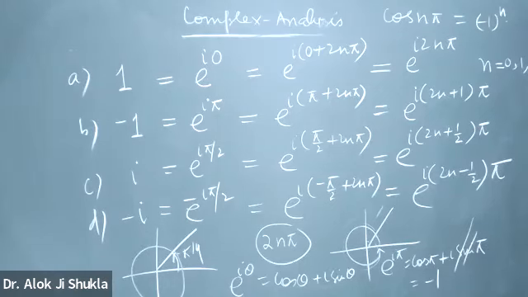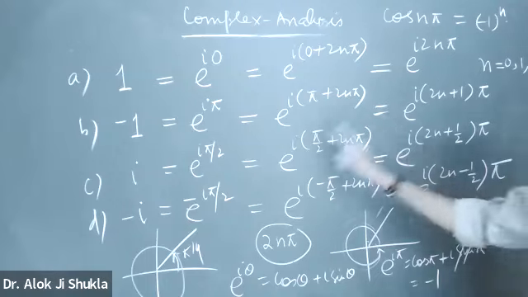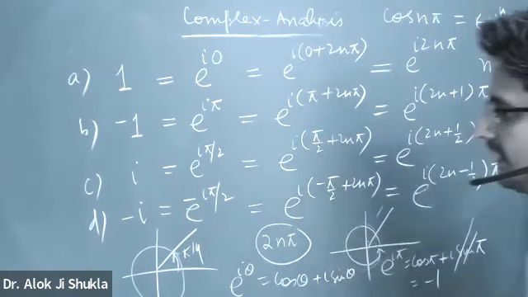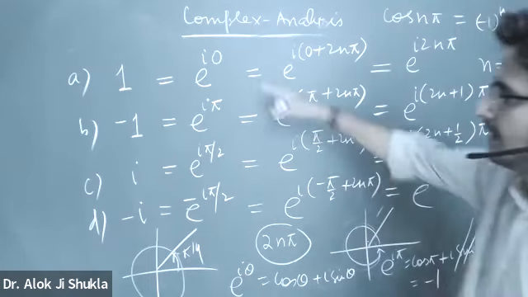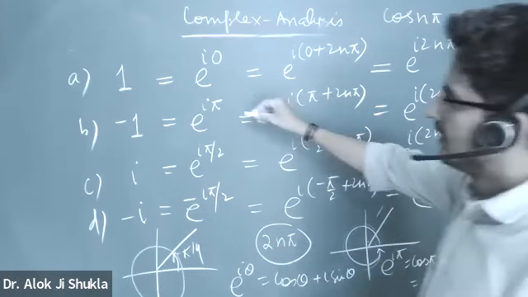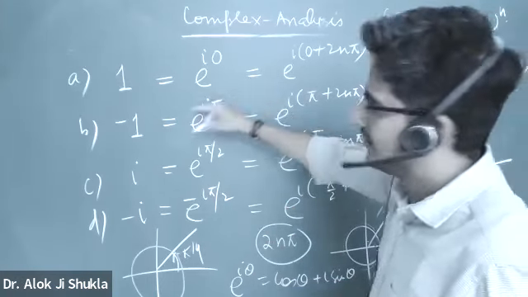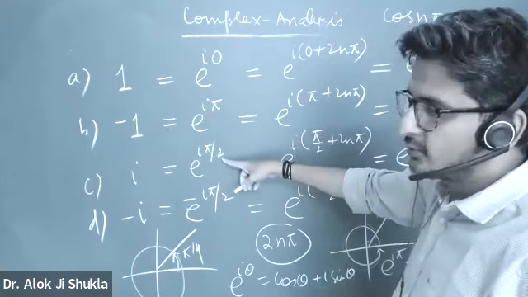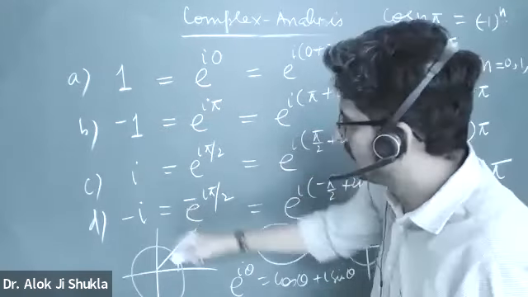See your copy immediately after Euler's equation. I told this. I will not write anything which I have not taught before. Please understand this. Whatever I write here, I have already told you. You can see in your copy. These all are coming from the Euler's equation. Open this. Cos pi plus I sin pi is -1. Cos pi by 2 plus I sin pi by 2 is iota.